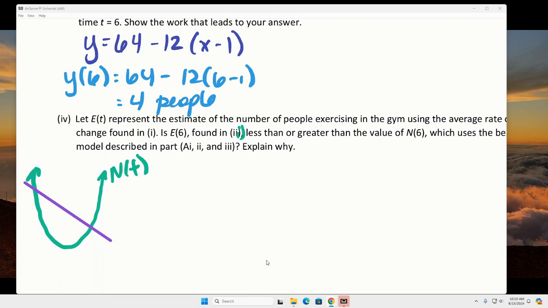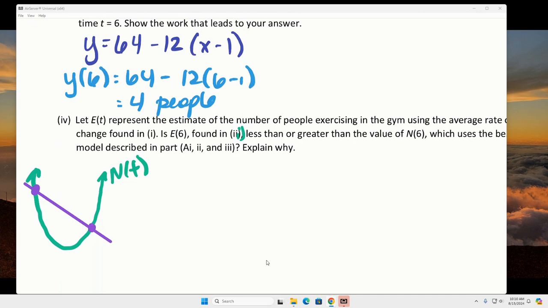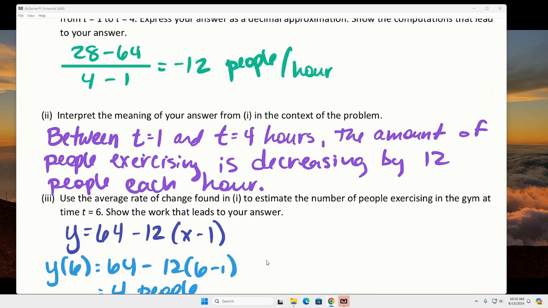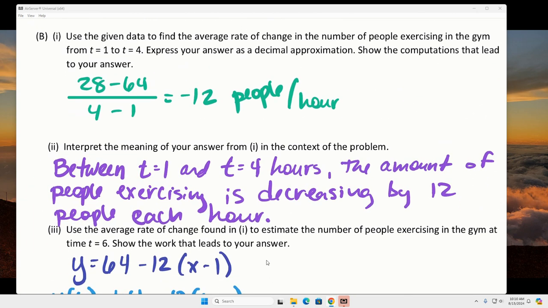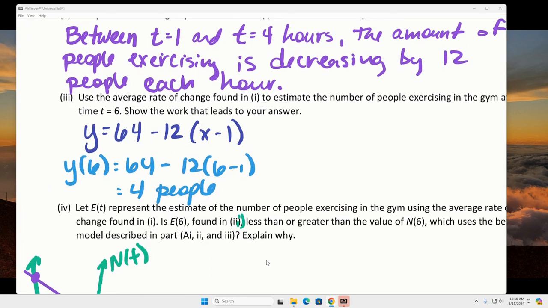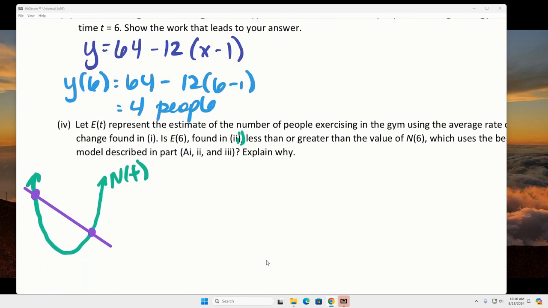All right, and then I would label these intersection points. What should they be for our secant line? Thank you for a positive one, yes. All right, they have to match up with the points we use to find the slope. If they don't, then we've drawn it wrong and we can't really answer questions about it.